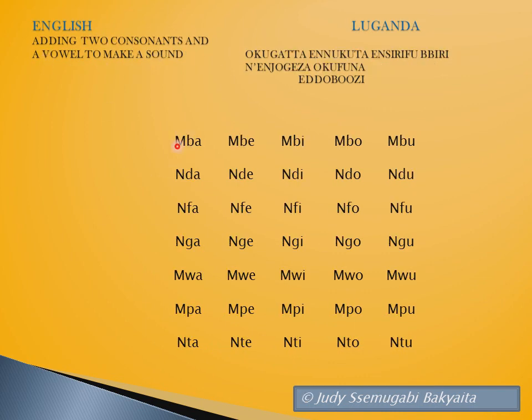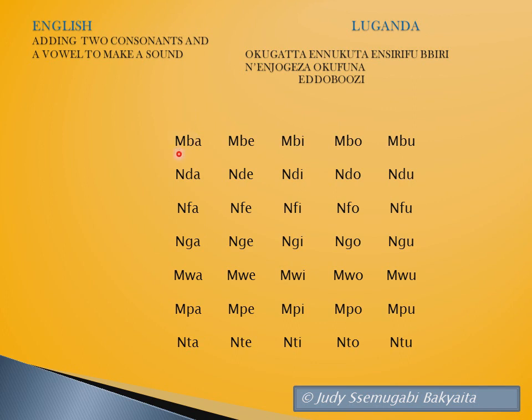Now we are going to add two consonants with one vowel to get a sound. Okugatta ennukuta ensirifu bbiri n'enjogeza okufuna eddoboozi. So today we have added M, which is a consonant, plus B, which is a consonant.